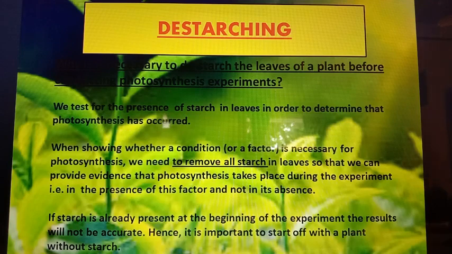If you keep a plant in the dark for 2 to 3 days, obviously it can't do photosynthesis because it can't receive sunlight. Whatever starch is stored in the plant will be used up for the respiration process, and the plant gets itself de-starched.